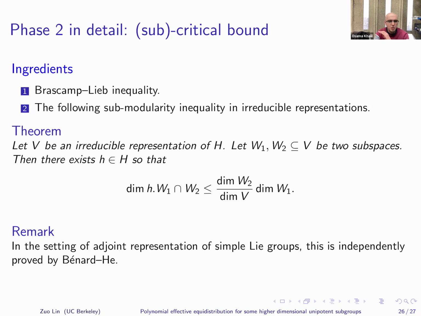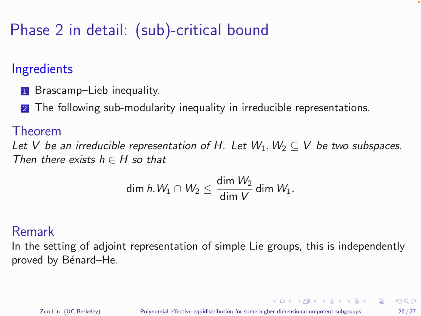I'm not quite sure where this submodularity comes into the picture exactly. Okay, so actually, it's like this. What you said about Brascamp-Lieb is perfectly correct. But the problem is that for those subspaces, they are not exactly transverse.